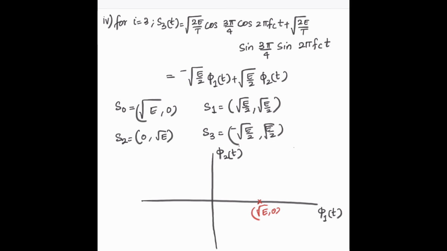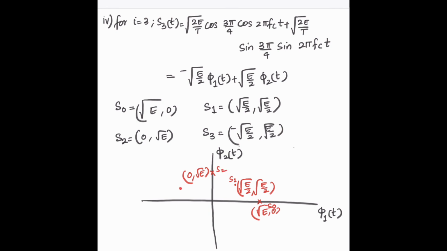Then you have S2, which is 0, root E. Then you have the point root E by 2, root E by 2, which is S1.